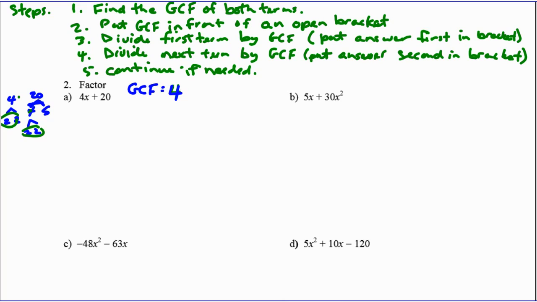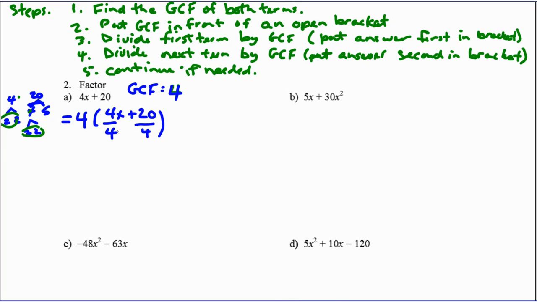4 goes into 4 one time. 4 goes into 20 5 times. So this is what's going to happen. We are going to put the 4 outside, and then I'm going to have a bracket 4x plus 20. Because we put the 4 out here, we're dividing it. That's really how that 4 got there. The 4 just doesn't appear here.